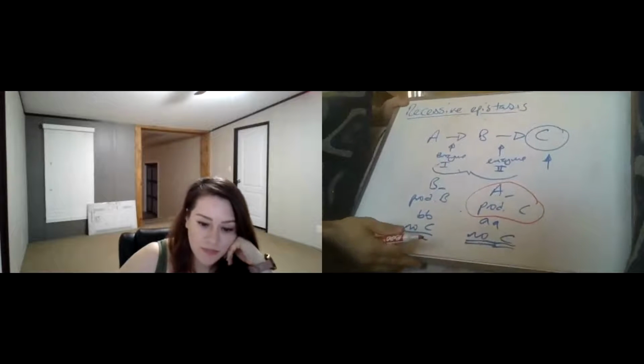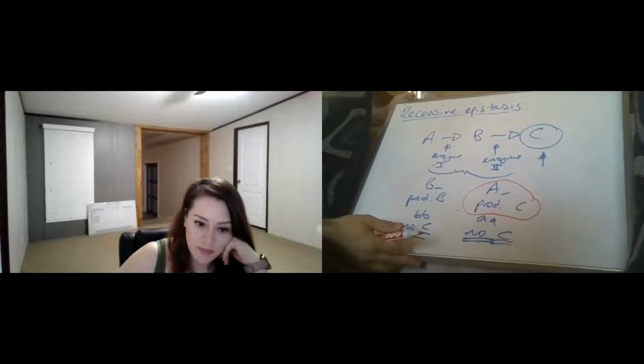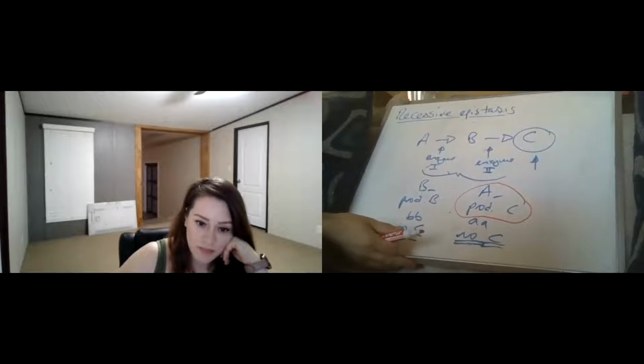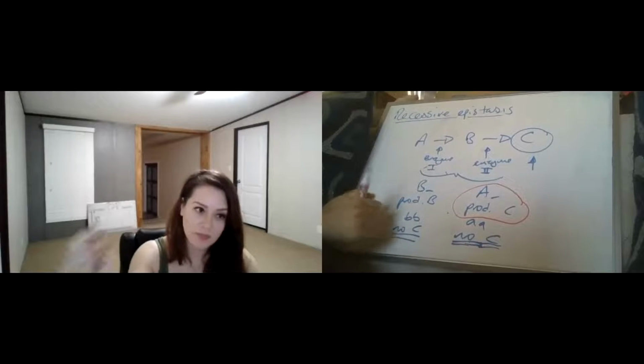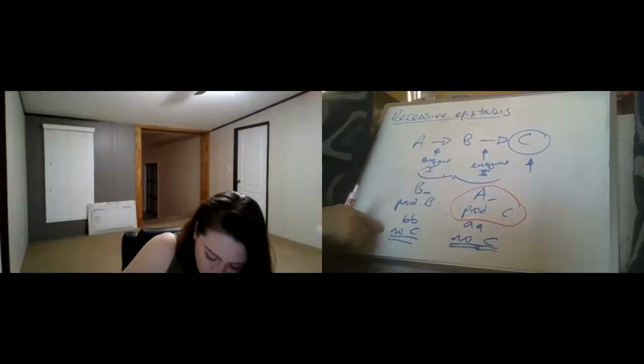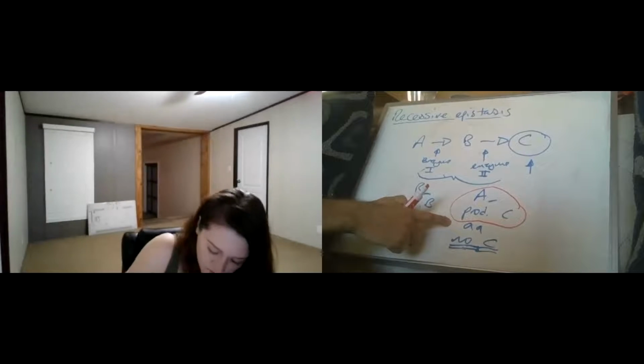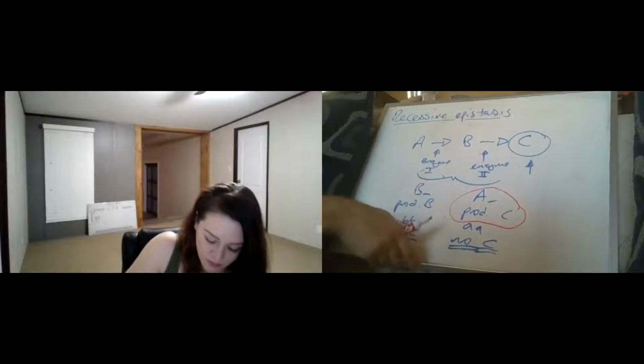Exactly. You don't get C because you don't get B. So you need the function of this earlier step, of this different genetic locus, encoded by a different gene entirely, in order to see the phenotype of the dominant allele in the second step.